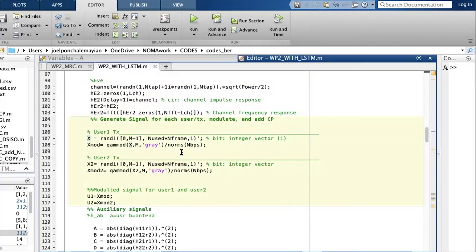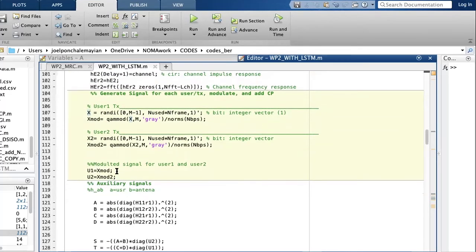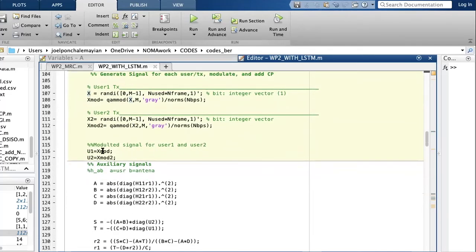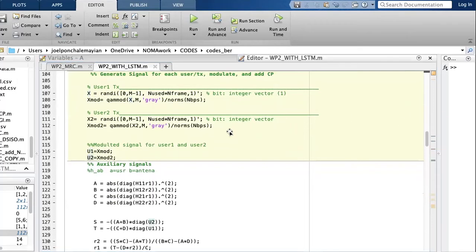We generate them here, and then we modulate them, because before you send it, you need to send it as +1 or -1 in BPSK. This is now your user 1 and user 2 signals, X1 and X2.